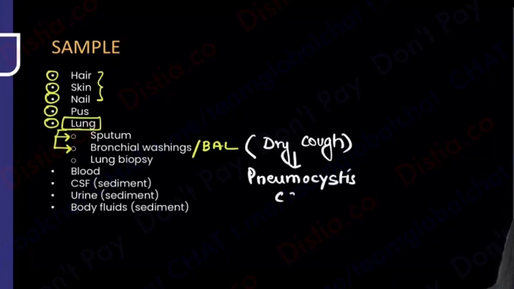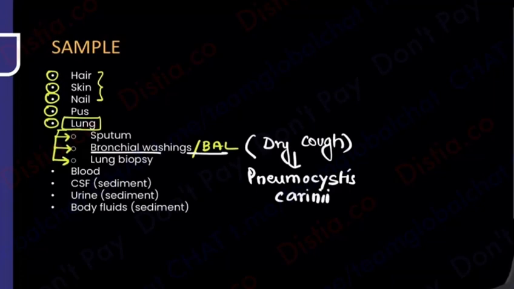How will you make the diagnosis? If there's no sputum production, you're going to go ahead with a bronchial washing or a bronchoalveolar lavage. Lastly, if nothing works, then you need to go in for a lung biopsy, which is a little rare thing to do. Can be done in cases of certain fungal infections, which I'll talk about in a while.